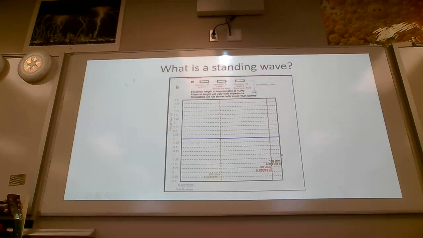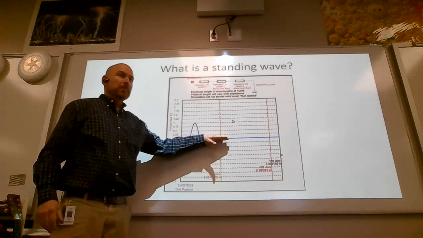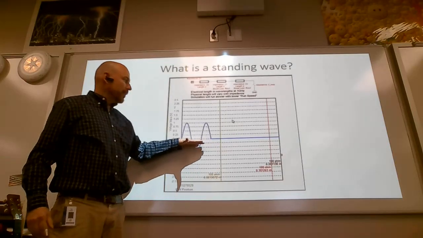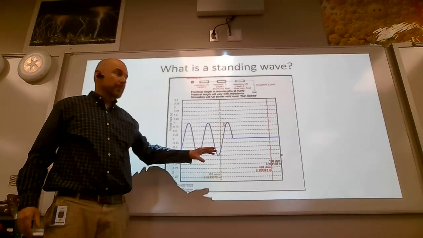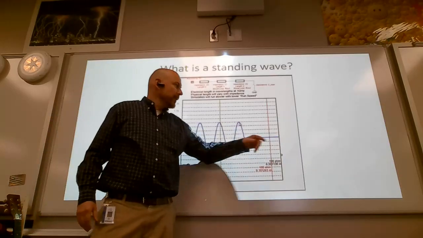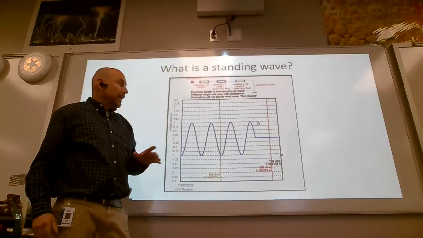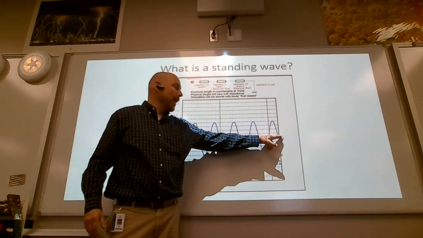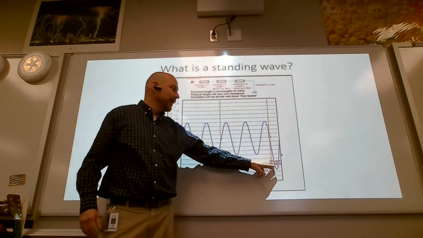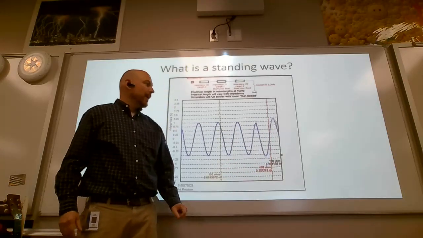Here is a video of doing the same thing we just did, kind of more in slow motion. So here's our slinky. Here's undisturbed medium. We're sending a wave pulse through. This is a traveling wave. Ashley's over here. When the wave hits the in post, it reflects back and it flips.